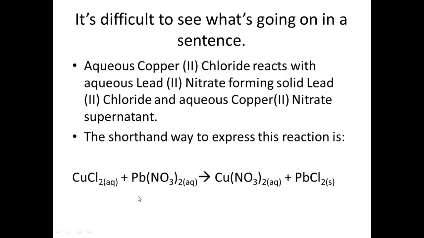So that's the formula for lead 2 nitrate. Forming, we use an arrow. Copper 2 nitrate, aqueous. That means this is dissolved in water. And if a product is dissolved in water, there's a name for it. It's called a supernatant.